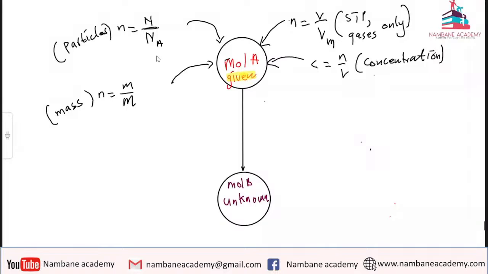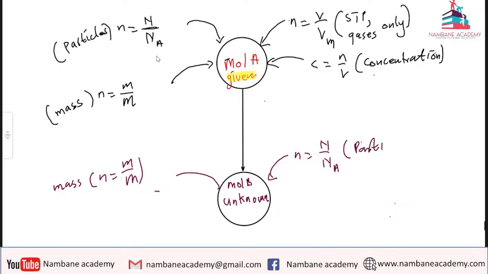If I can get the number of moles of B, I can do everything, ladies and gentlemen. If I have the number of moles, can I calculate the mass? Yes, with m equals n times M. Can I calculate the number of particles? Yes, with N equals n times Na, for particles, molecules, and atoms.